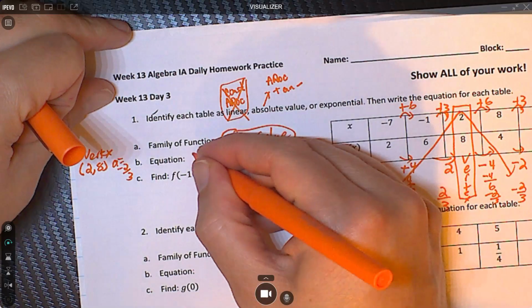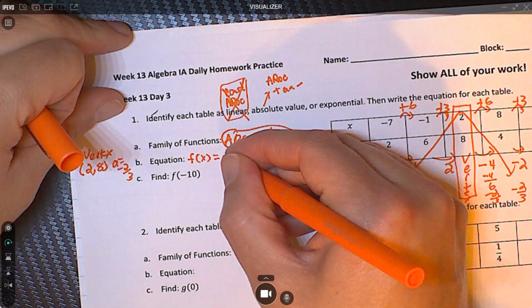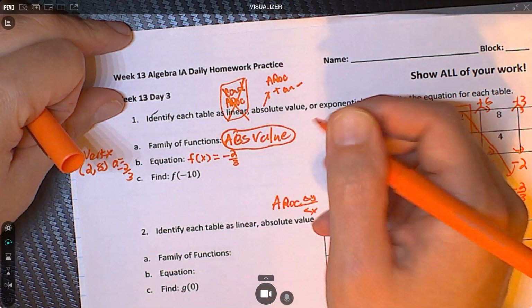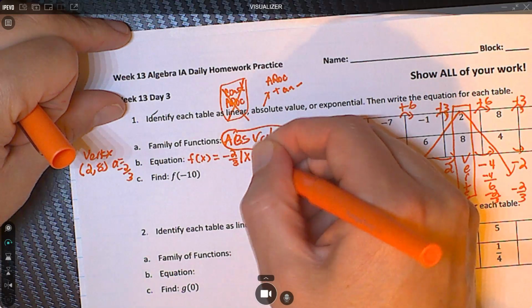So it goes f of x equals negative 2/3 x minus 2 plus 8.